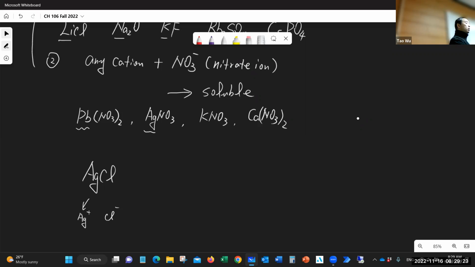Then you look at chloride plus silver ion, and see where the silver ion is. I find silver in this category. So chloride plus silver equals low solubility, or insoluble. That means the silver chloride compound is insoluble.